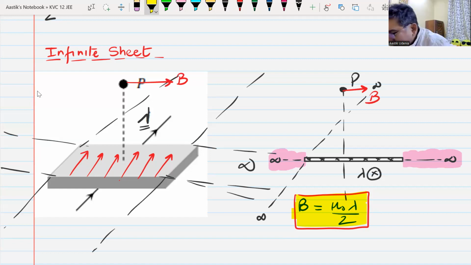Does this mu naught lambda by 2 remind you of something? I know that you can't remember what we had done in the previous class. Now I'm expecting you to remember something we did 15 classes back. That is impossible. Still hoping against hope. Does this mu naught lambda by 2 for an infinite sheet remind you of something that we might have done in this universe sometime back?